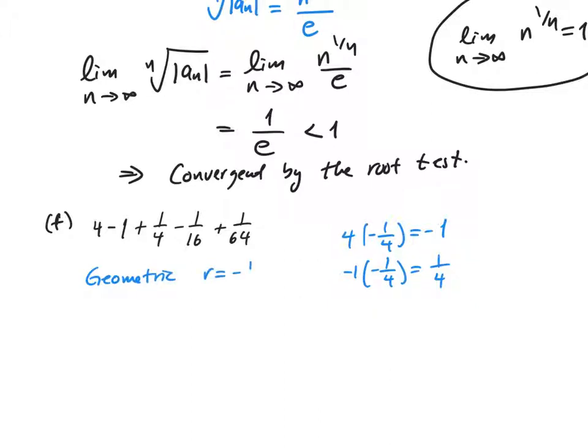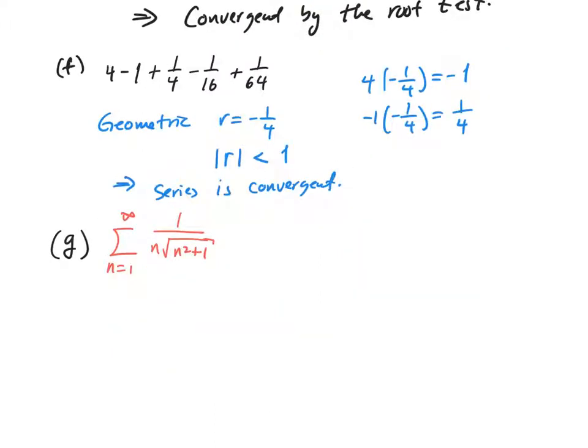R is equal to negative 1/4. The absolute value of R is less than 1, so that implies that the series is convergent because it's a geometric series. That's it.